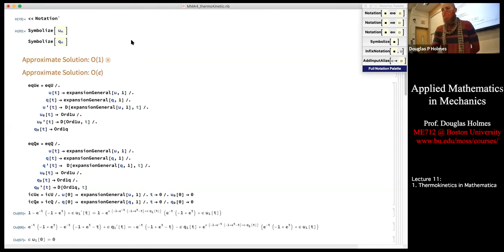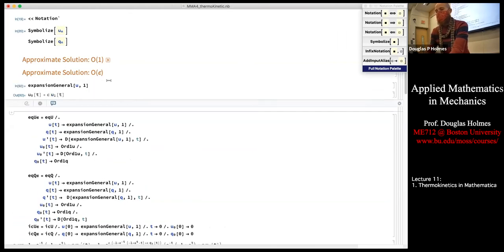So at each step, there's kind of 2 expansions that happen, and I want to make sure we're aware of that. One is we have to assume a solution for U and assume a solution for Q. And we assume that solution is going to look like a power series expansion for U up to whatever order epsilon we're interested in.